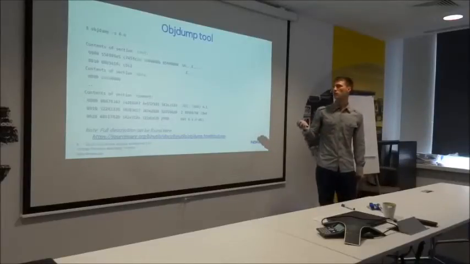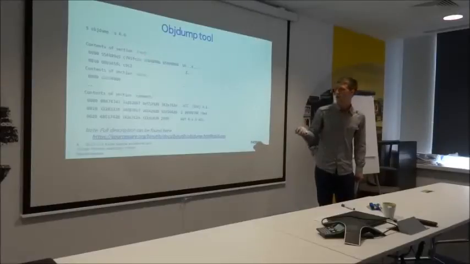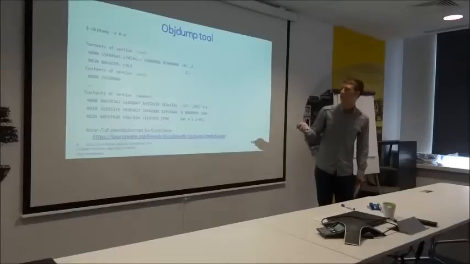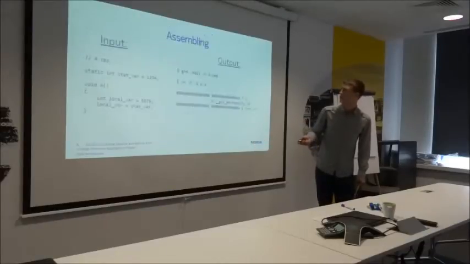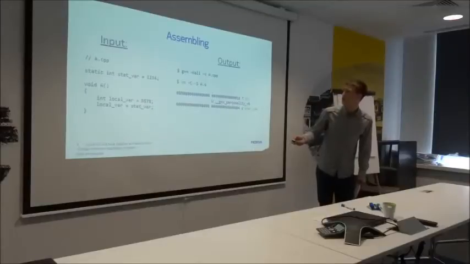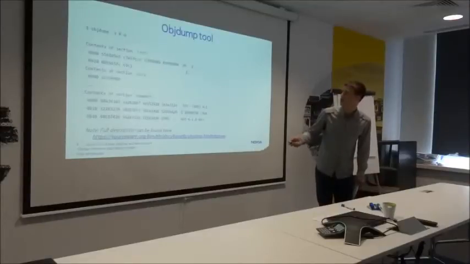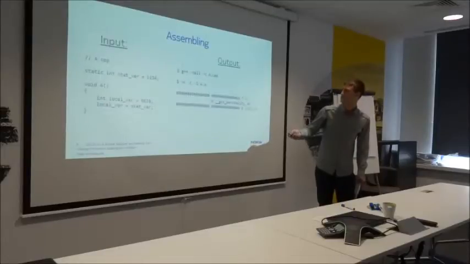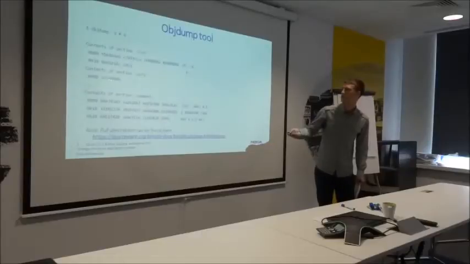Here we can also see the text segment and the data segment, and we can see this variable, 1, 2, 3, 4, stands for this value because it is in the data segment.